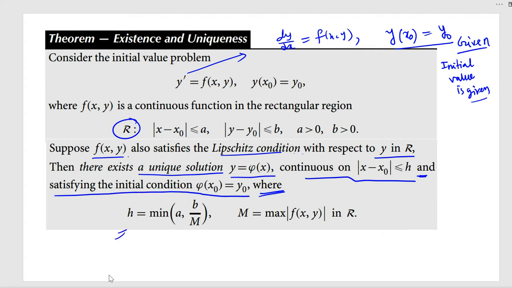So this theorem guarantees the existence of a solution to a differential equation provided the initial value is given.